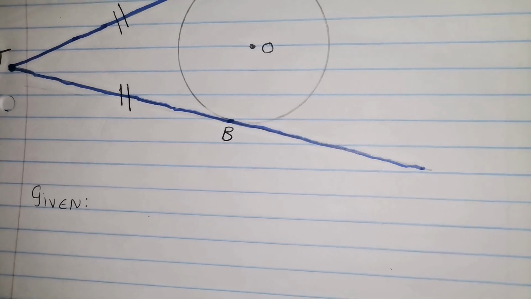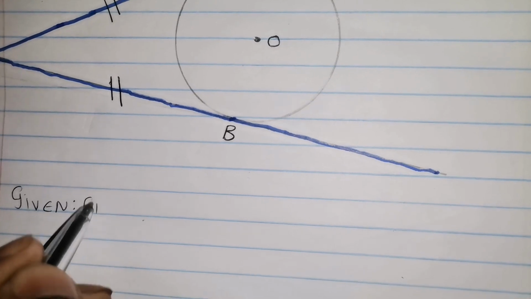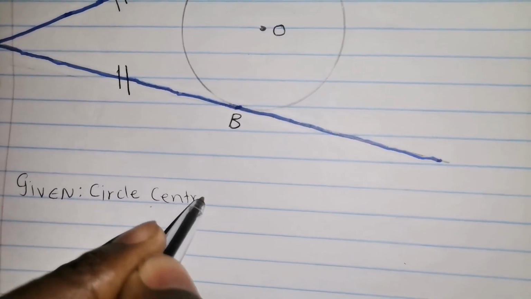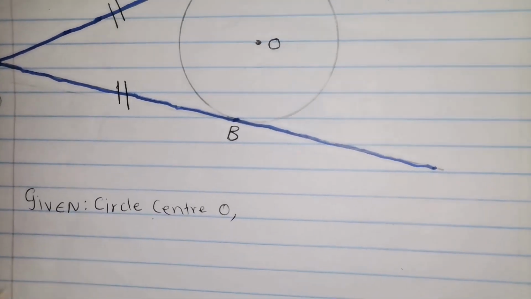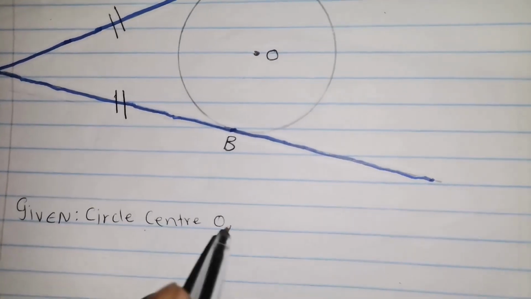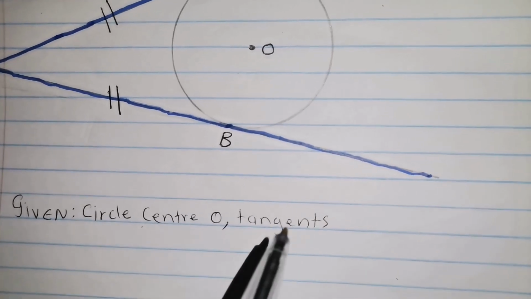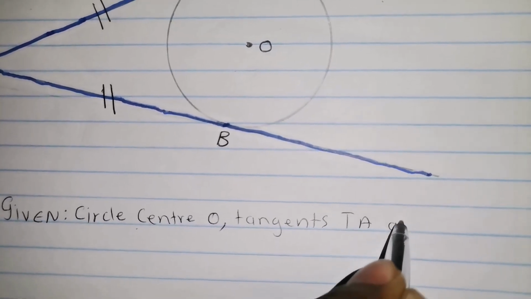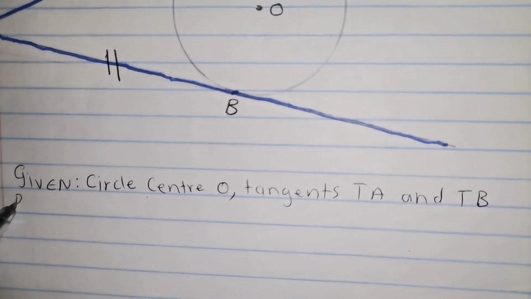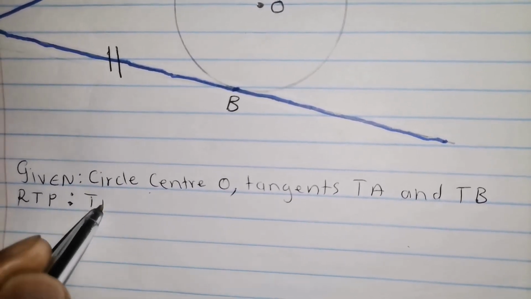We're given that circle center O, and we're given tangents, obviously from the statement, tangents TA and TB. Okay, guys. Then we are required to prove that TA is equal to TB.